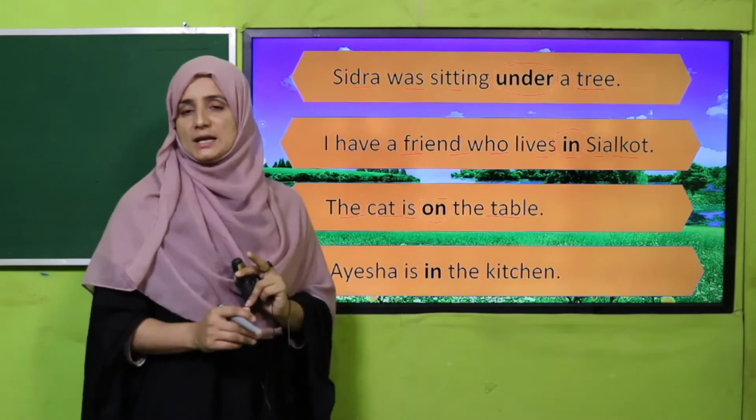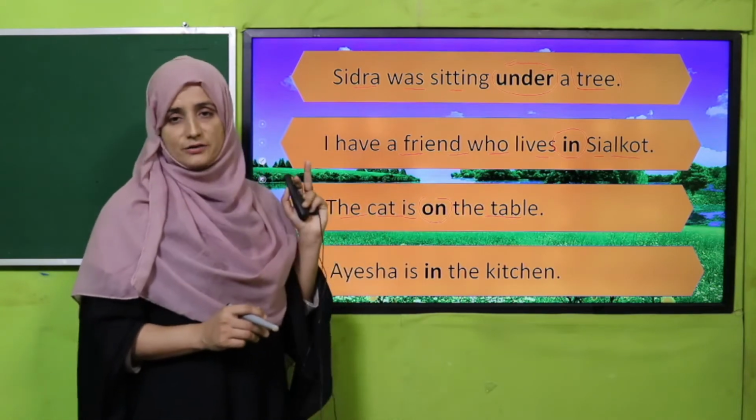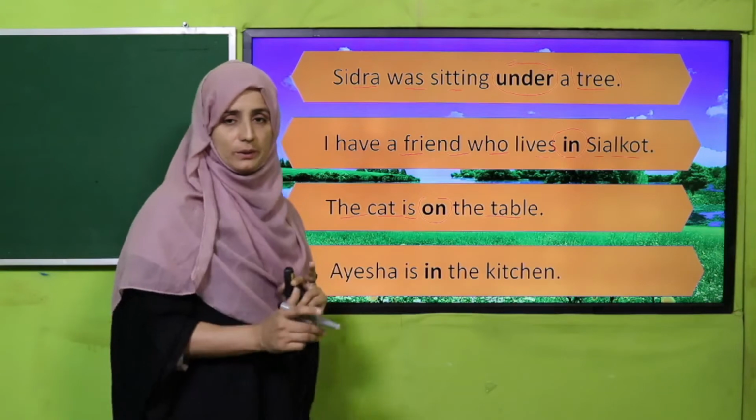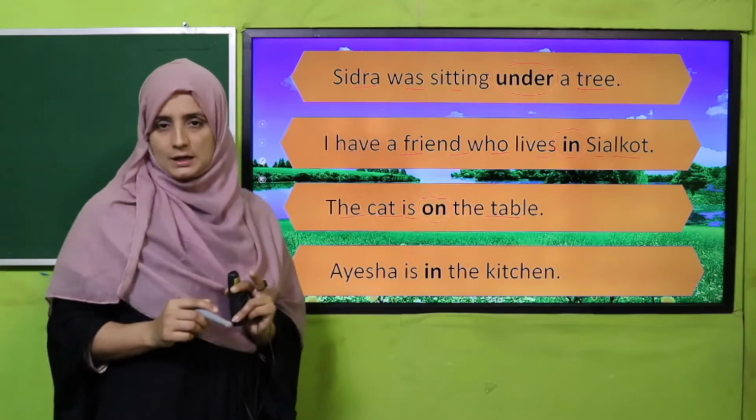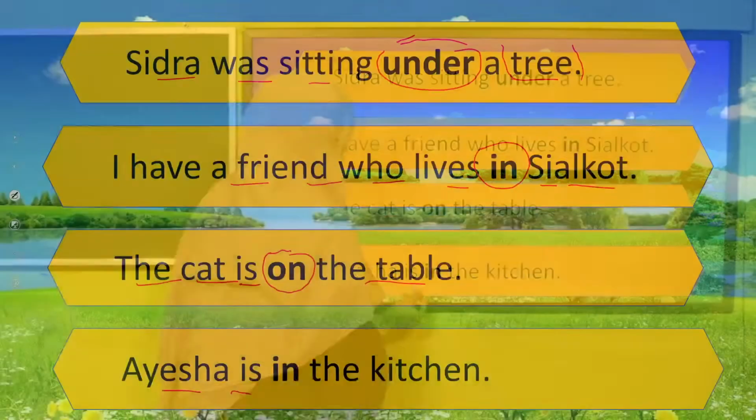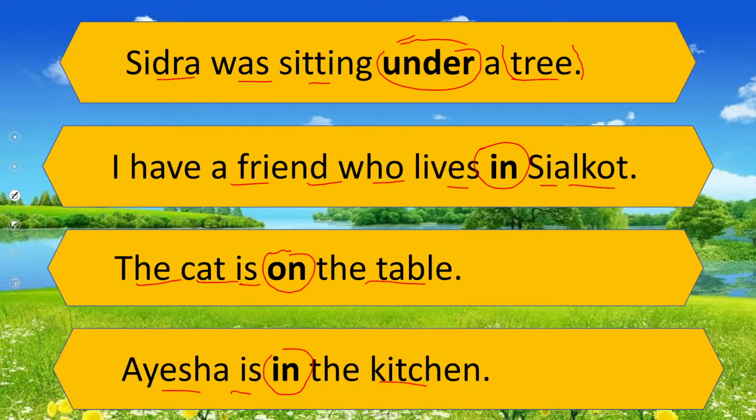That on is telling the position of the cat and the relation of the cat with the table. So what is the position and relation? On. Okay, good. Next is Aisha is in the kitchen. So where is Aisha? Yes, Aisha is in the kitchen. So that in is telling us the position of Aisha, where she is. She is in the kitchen.